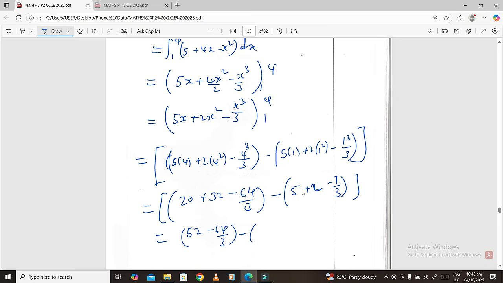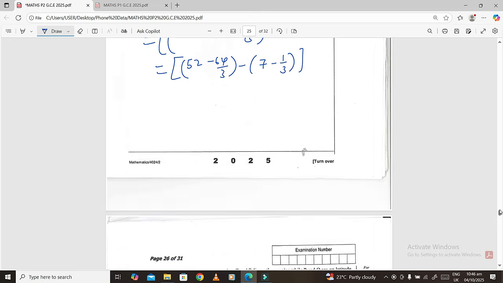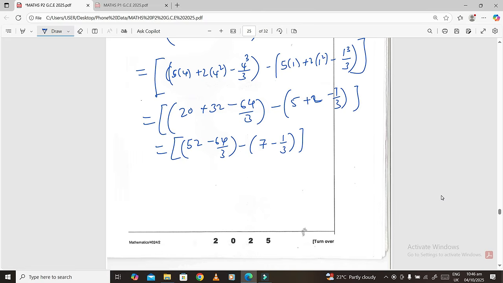Okay, there's a minus here. This is giving us 7 minus 1 over 3. And from here, we can simply say 52 minus 64 over 3. This is giving us 92 over 3, minus, when we say 7 minus 1 over 3, it's giving us 20 over 3.